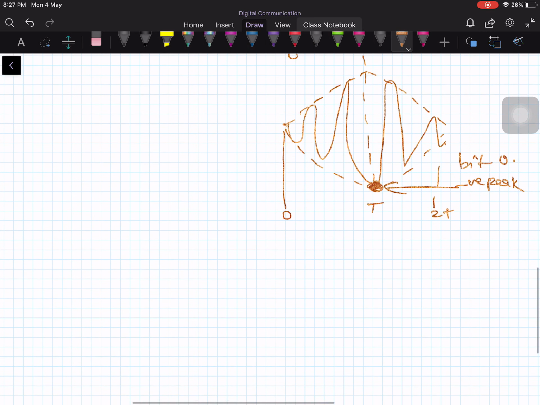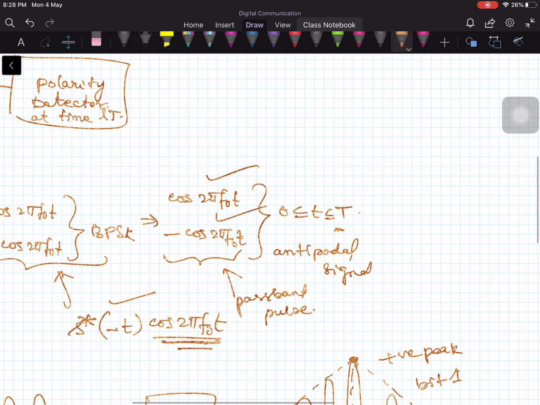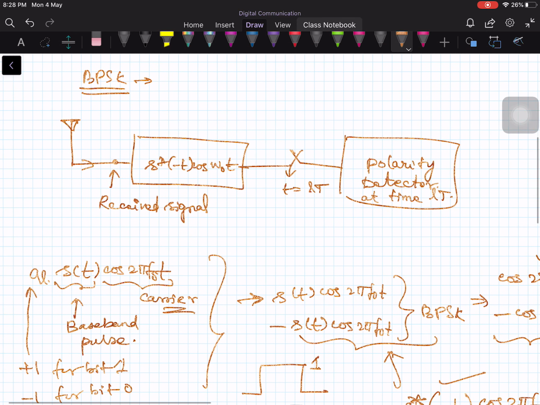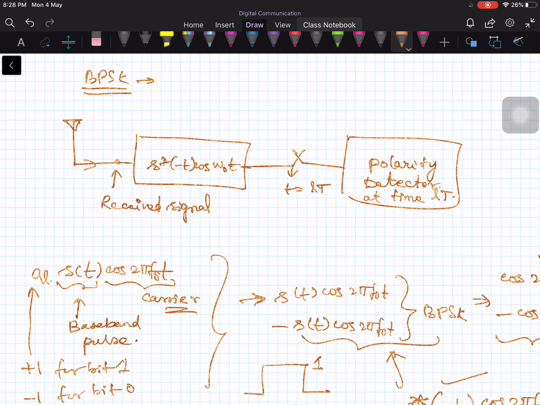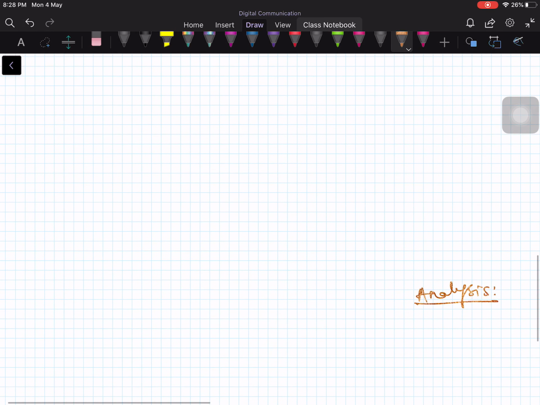Now let us do the mathematical analysis of this filter. Okay, now the output of the filter, so let me take this diagram. Let me say this is the output of the filter. Let me call it u of t. Maybe I'll draw the figure again.